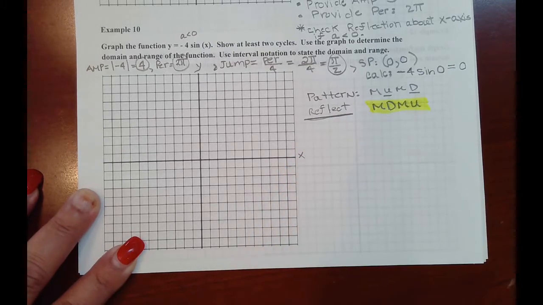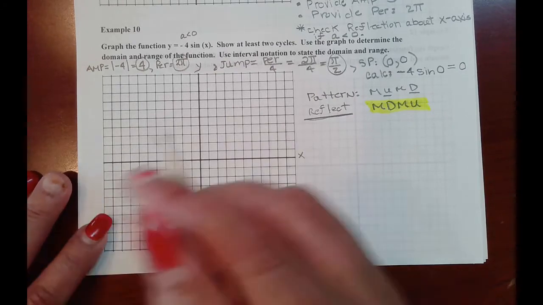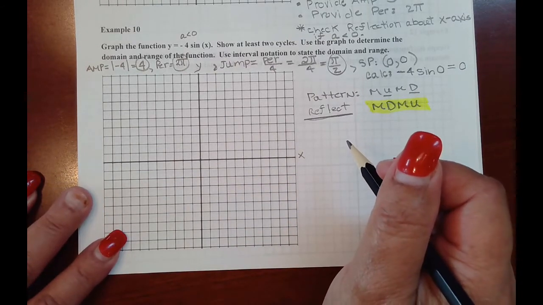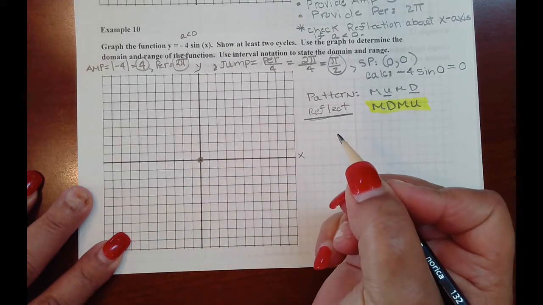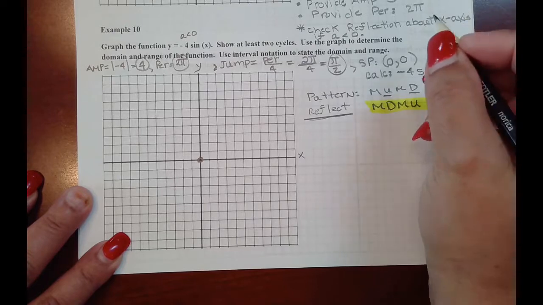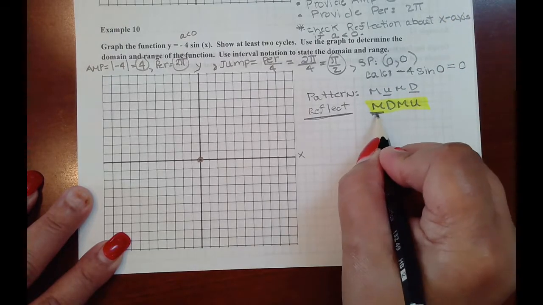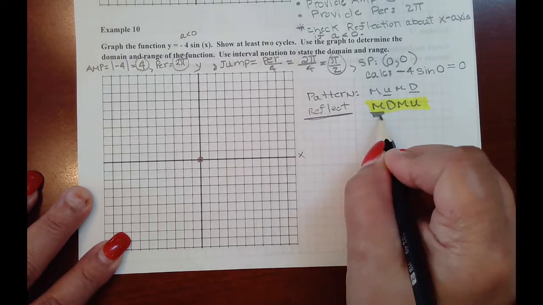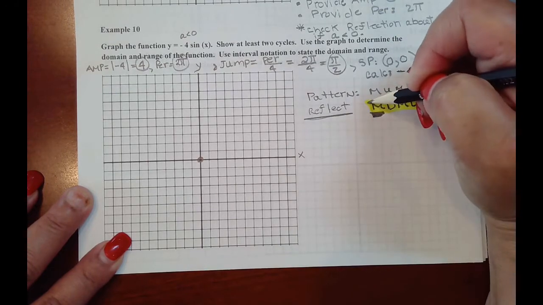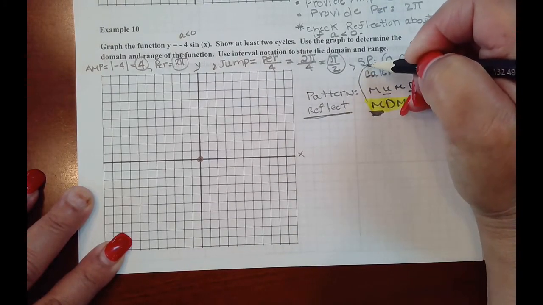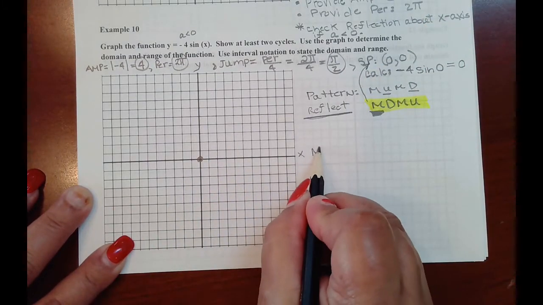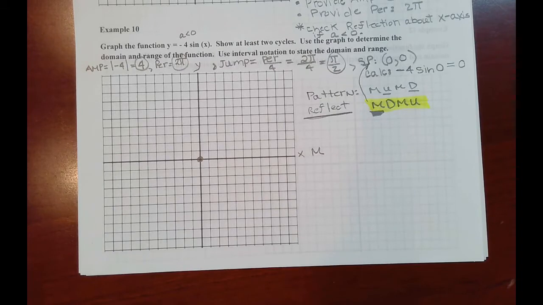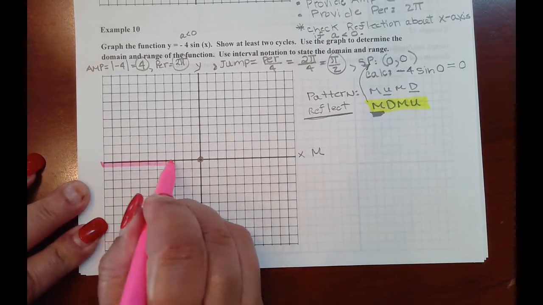Okay, so here we go. We're going to do that start point. That start point was 0, 0, and we're going to establish what level we're on. Remember that the first letter of the pattern tells you where the start point is. So that means this is at the middle level. So that middle level is right there.